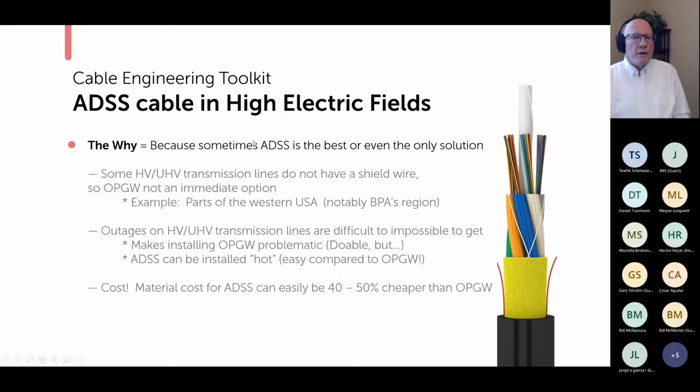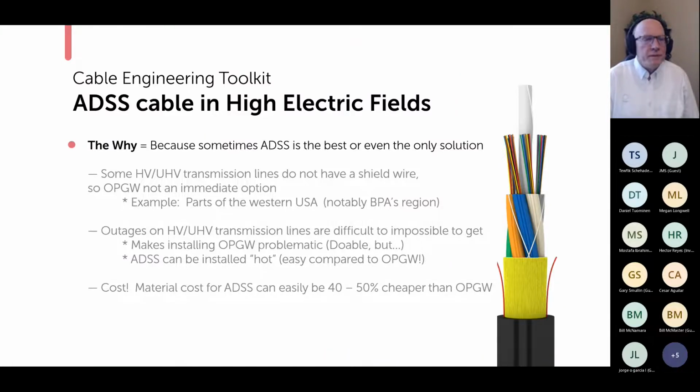Okay, so let's start off with that why. And I actually come from a metals cable background. Some of you that have talked with me know I'm very upfront about that. I worked with conductor and conductor accessories, and then I've worked extensively in my career with OPGW. I actually have a bias in favor of OPGW over ADSS to begin with.